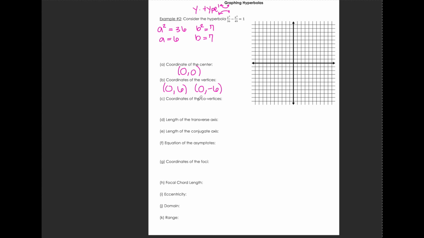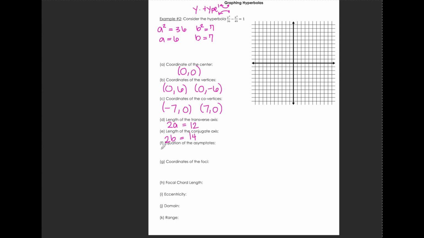My co-vertices are going to be b units to the left and the right of the center. So negative 7, 0 and 7, 0. The length of the transverse axis is 2a. 6 times 2 is 12. The length of the conjugate axis is 2b, and 7 times 2 is 14.